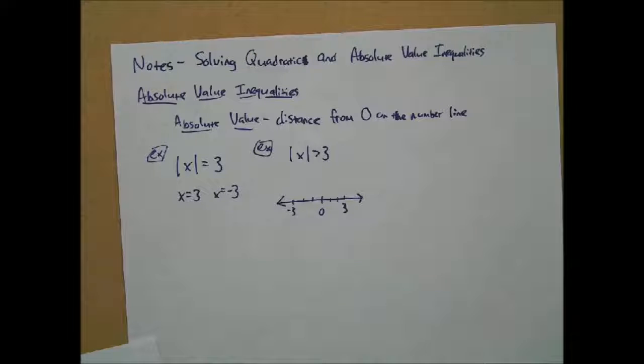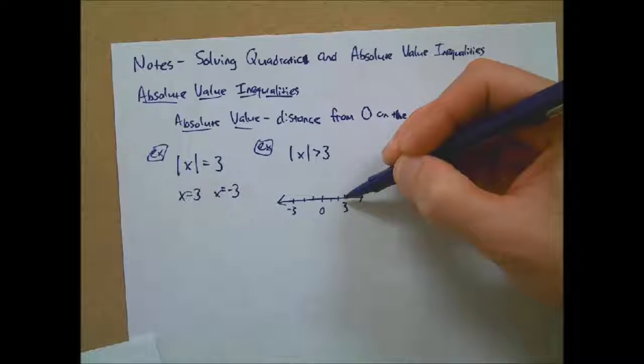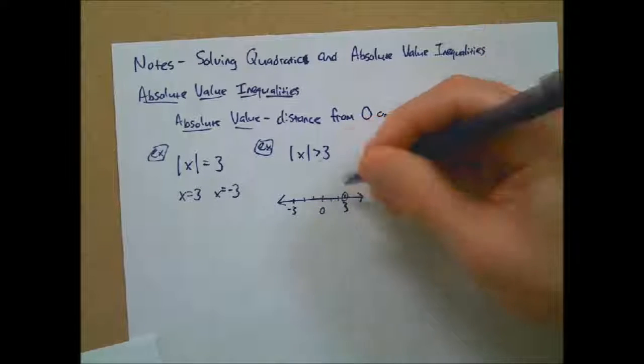If we want to be more than 3 away from 0, we can go out 3. Here's 3 away: 1, 2, 3. But if I want to go more than 3 away from 0, do I say greater than, less than, greater than or equal to, less than or equal to? Greater than. So I'll start here, and I'm not going to include it because you don't have the equal to sign, and we'll go in this direction.